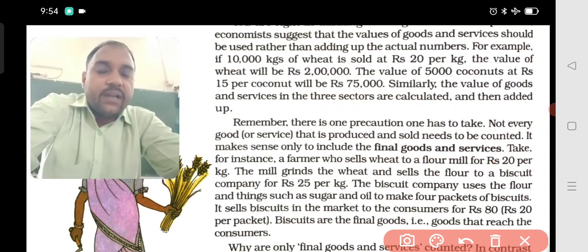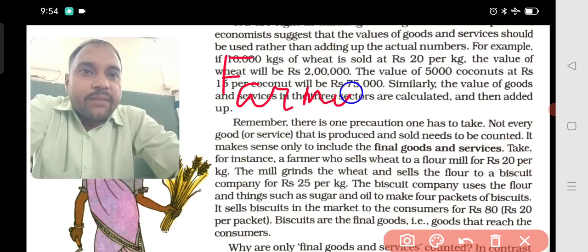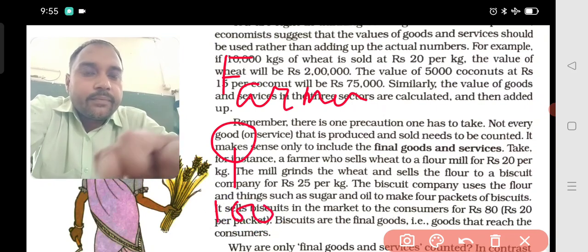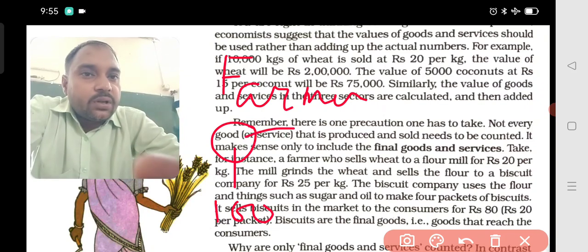with an example. Now take an example. Let's suppose there is a farmer, and the farmer produces a crop. Now this crop costs rupees 100. Let's suppose this is a crop of wheat. The farmer sells this crop to a flour mill, and the flour mill makes flour from this wheat, and again sells the flour for rupees 150.